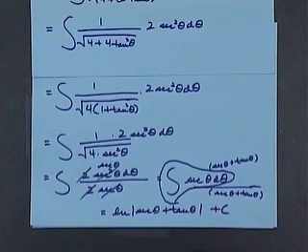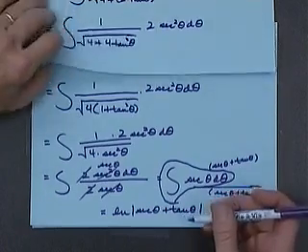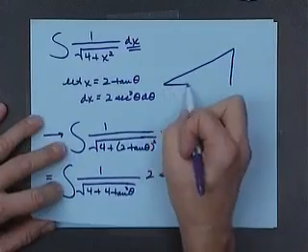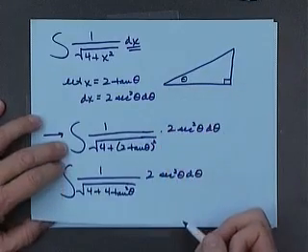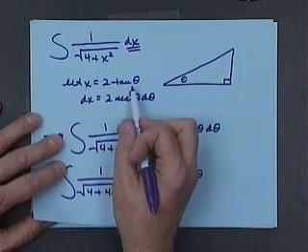We're not done because our answer still has thetas in it. And what did we start with? We started with x's. So here's theta. What do we know about theta? We know the tangent of theta is what? X over 2? Mm-hmm.